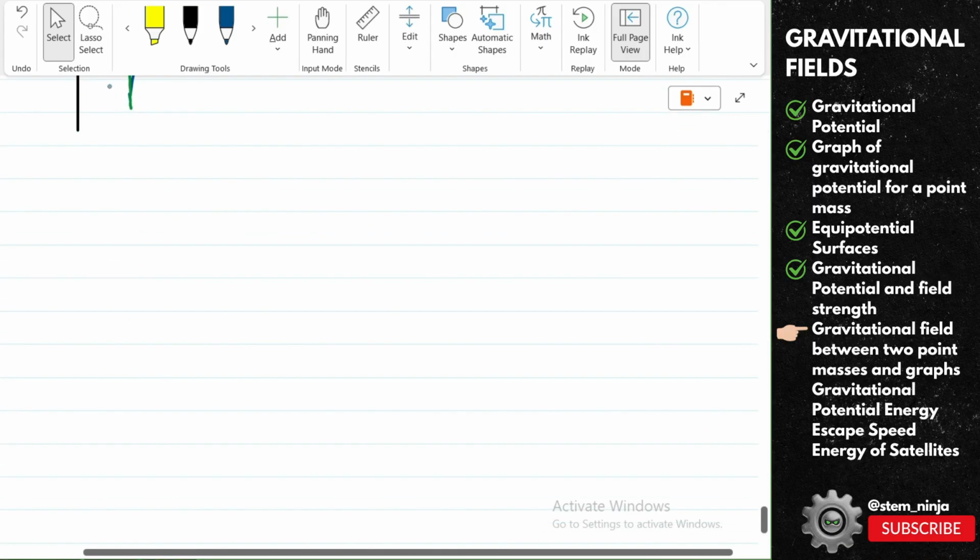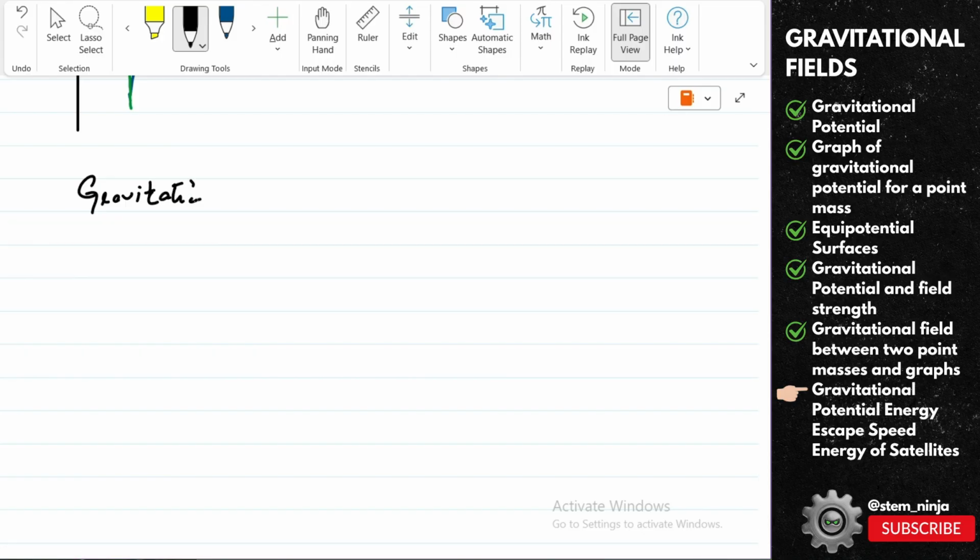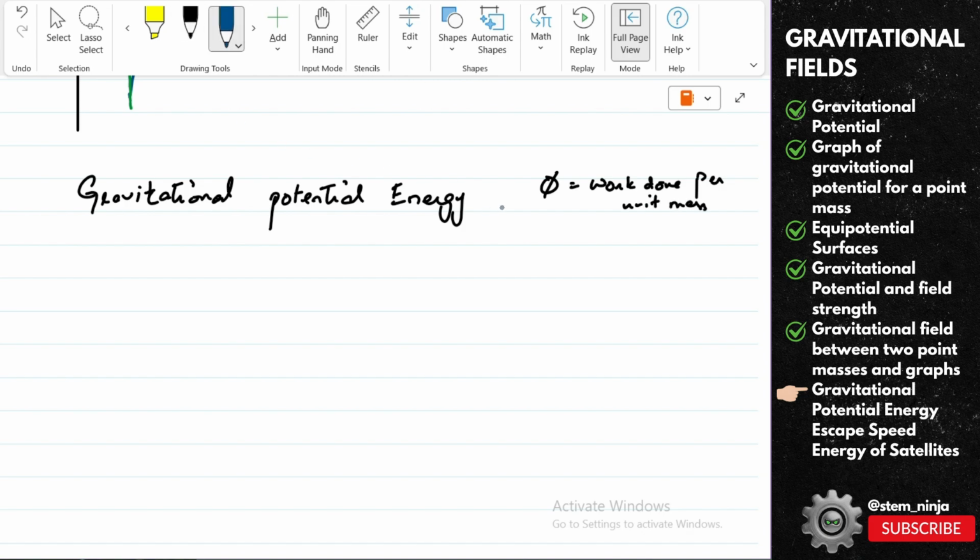Alright, now moving on to the gravitational potential energy, which is a related quantity to potential. So if potential is work done per unit mass, gravitational potential energy is just the work done. So the definition is almost identical.